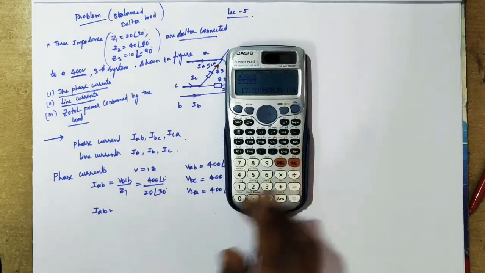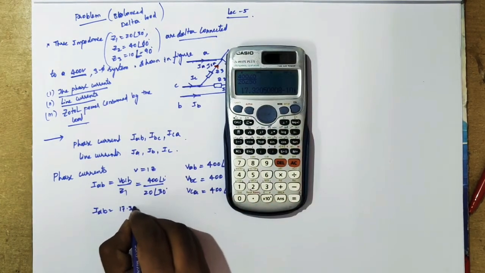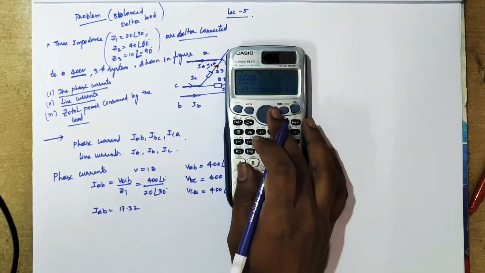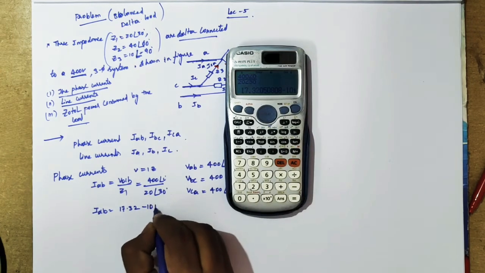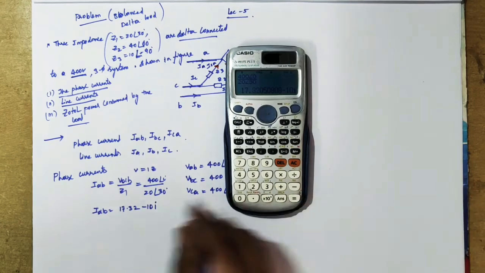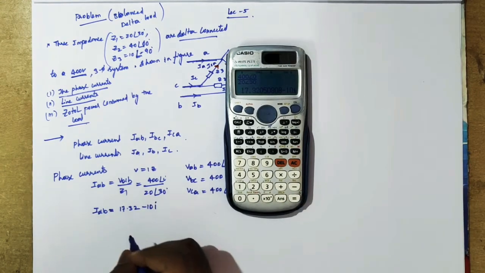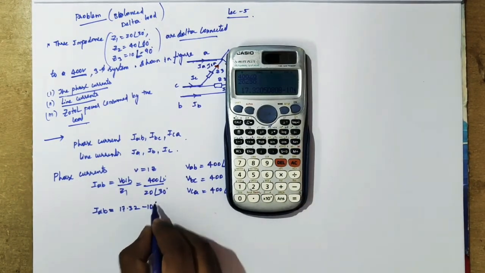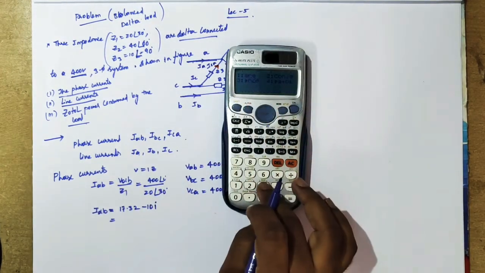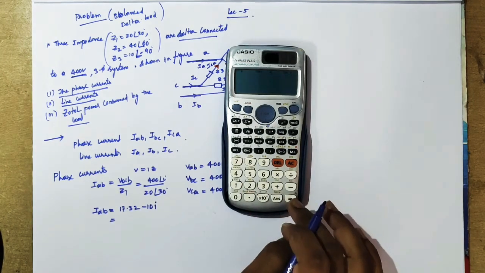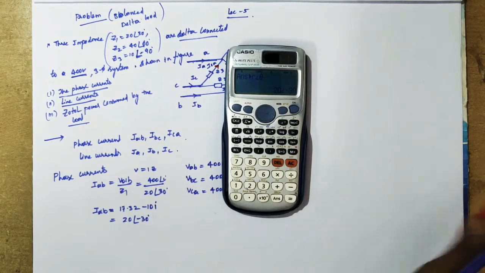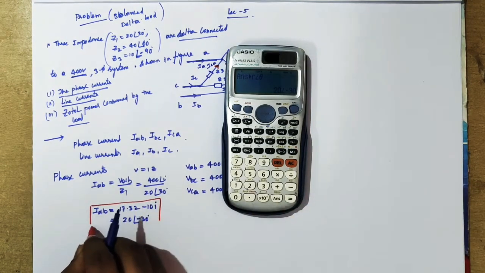Go to mode, choose complex, and directly enter 400 at an angle of 0 divided by 20 at an angle of 30 degrees. You will get 17.32 minus 10i. Convert that into polar using shift, and you get 20 at an angle of minus 30 degrees. This is phase current IAB.